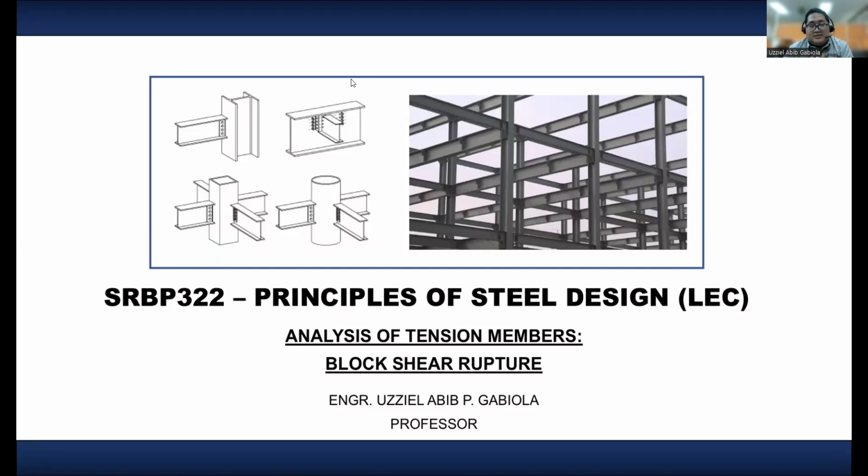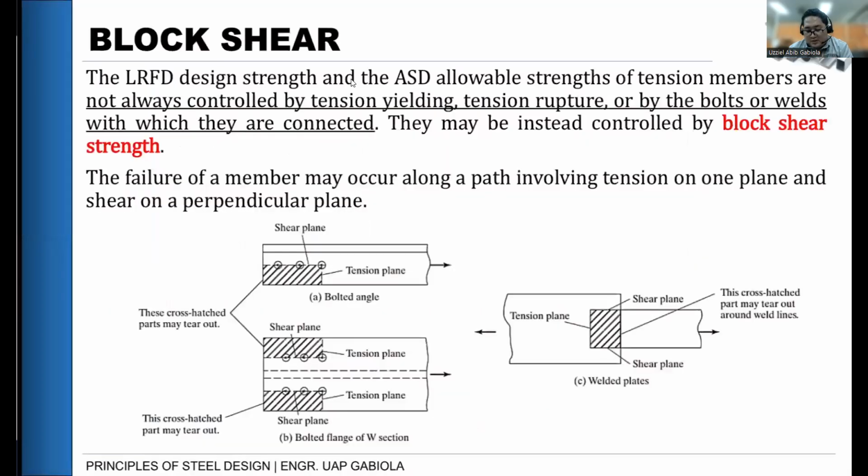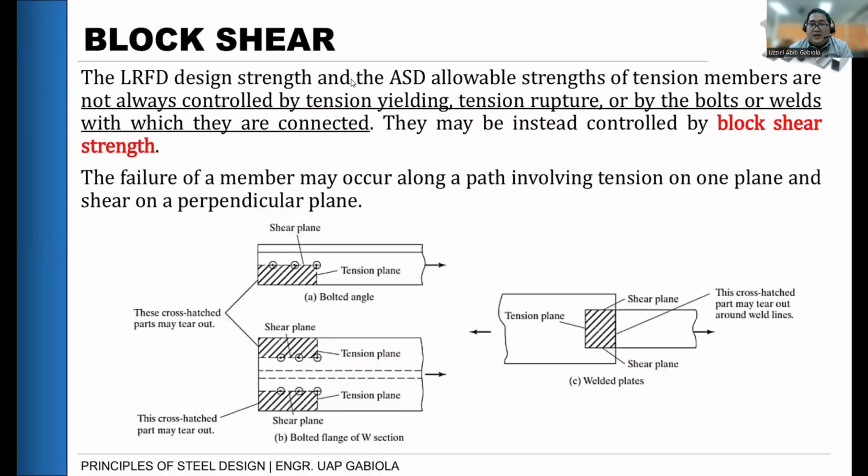Because as said by the code, when talking about the capacity of our section, it is not always controlled by tension yielding or tension rupture. Another phenomenon that can happen is block shear rupture, so we need to look at the block shear strength of the connection itself.